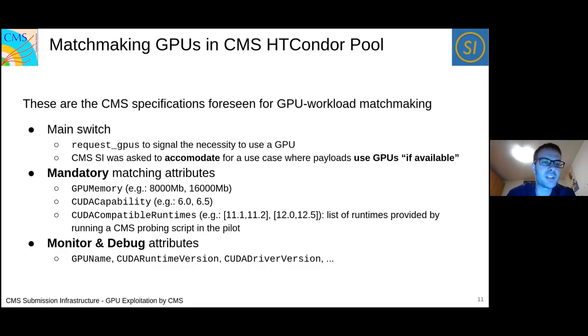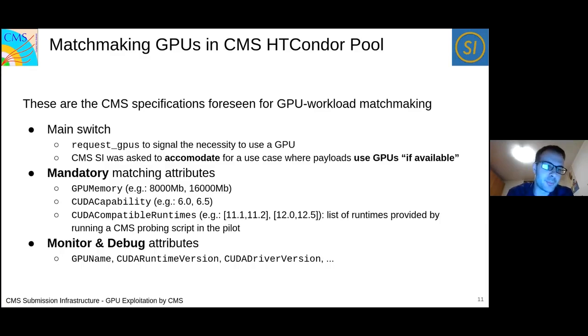There is a main switch which we use to determine if a job will require CPUs or GPUs, and we were asked to accommodate the use case where the payload uses the GPU if it is available. And this is something we'll discuss a bit more in a later slide.